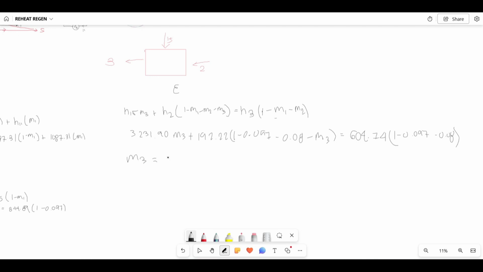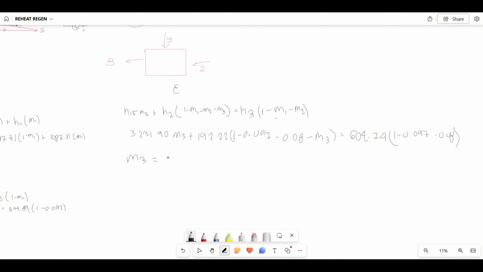So now we can find mass 3. Finding mass 3 yields us, substituting it all, 3231.90 times mass 3 plus 192.22 times 1 minus 0.097 minus 0.08 minus mass 3 is equal to 604.74 times 1 minus 0.097 minus 0.08.